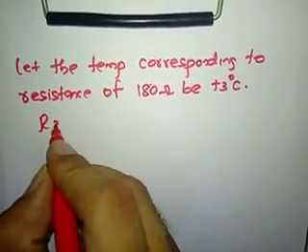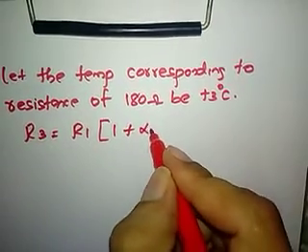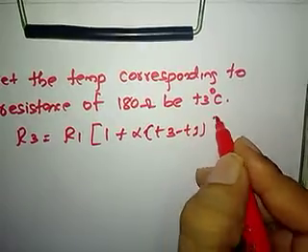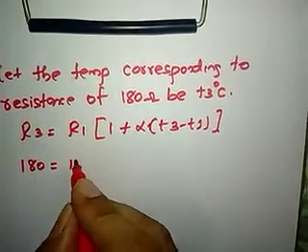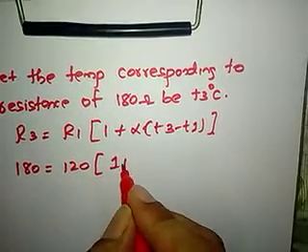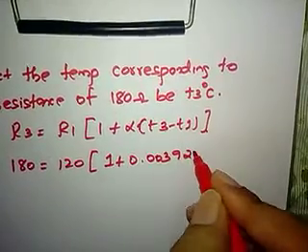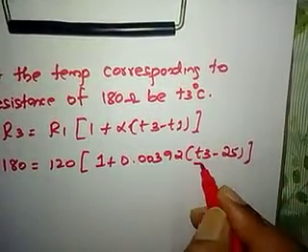So the formula is R3 is equal to R1 into 1 plus alpha into T3 minus T1, right? So this is 180 is equal to 120 into 1 plus 0.00392 into T3 minus 25. We have to determine the value of T3.